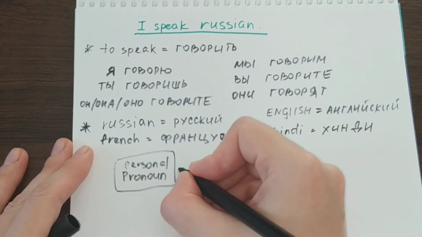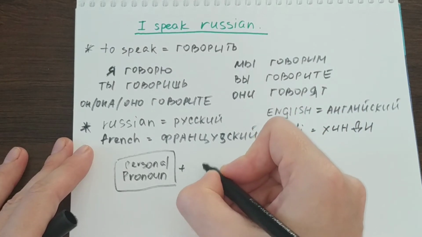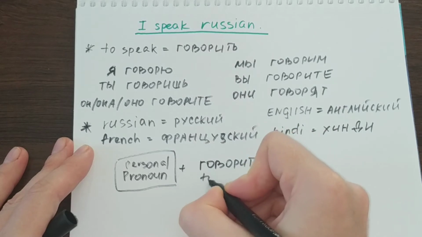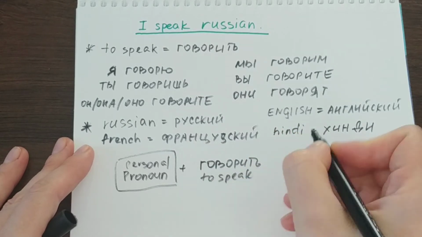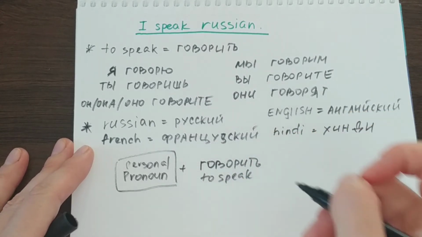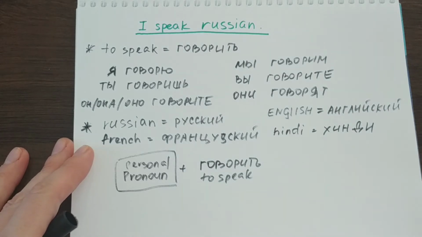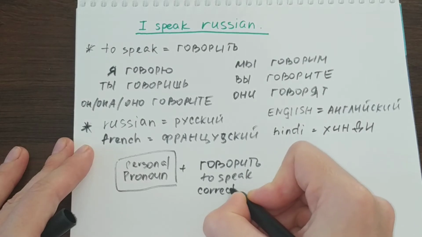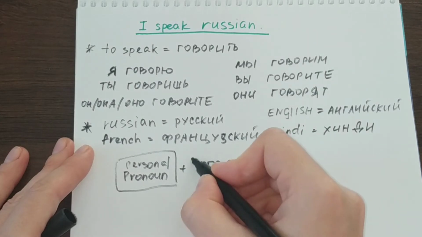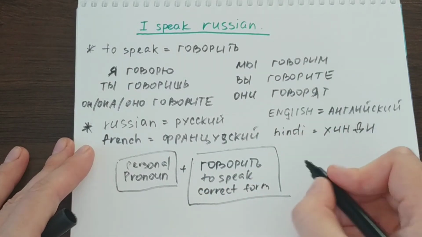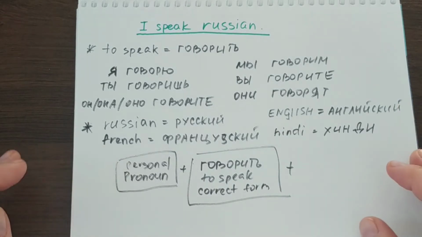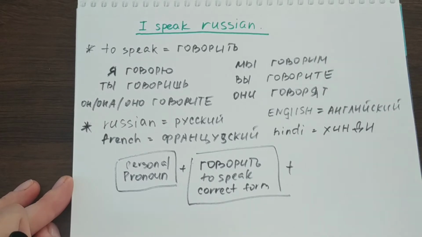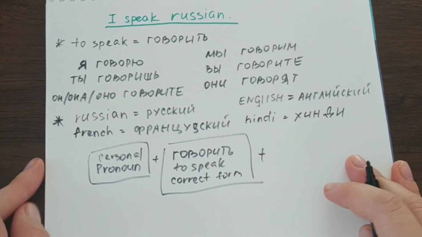Then we'll have to use the verb говорить, which is to speak. And of course, we'll have to use it in the correct conjugation form. So, correct form. That will be the second part of our sentence. And then we'll have to use the name of the language we are talking about, but we'll have to modify it a little bit.